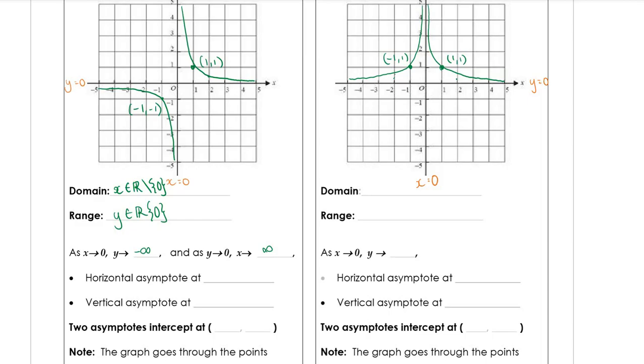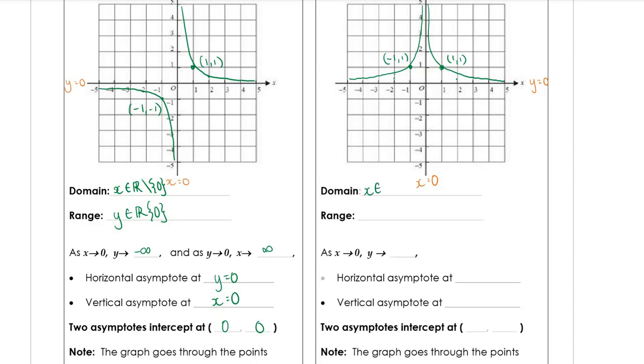So they never end, and these graphs will keep going and going and going unless we restrict that domain. Now, like I said before, we've got that horizontal asymptote at y equals 0 and our vertical at x equals 0. And then our asymptotes are going to intercept at 0, 0. Okay? Same sort of thing for the truncus graph, except our domain, sorry, not our domain, but our range is going to look a little bit different.